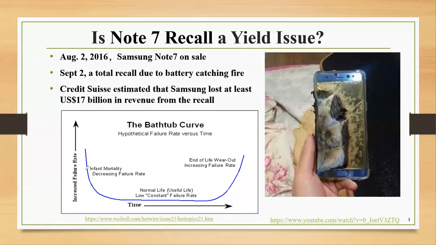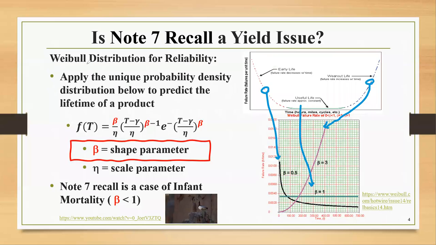And we call this type of curve, this type of analysis, a Weibull distribution. It was developed by a Swedish engineer during World War II, Mr. Weibull. And he actually invented this specific probability distribution with a few factors involved: beta, which is the most critical one, and eta and gamma.